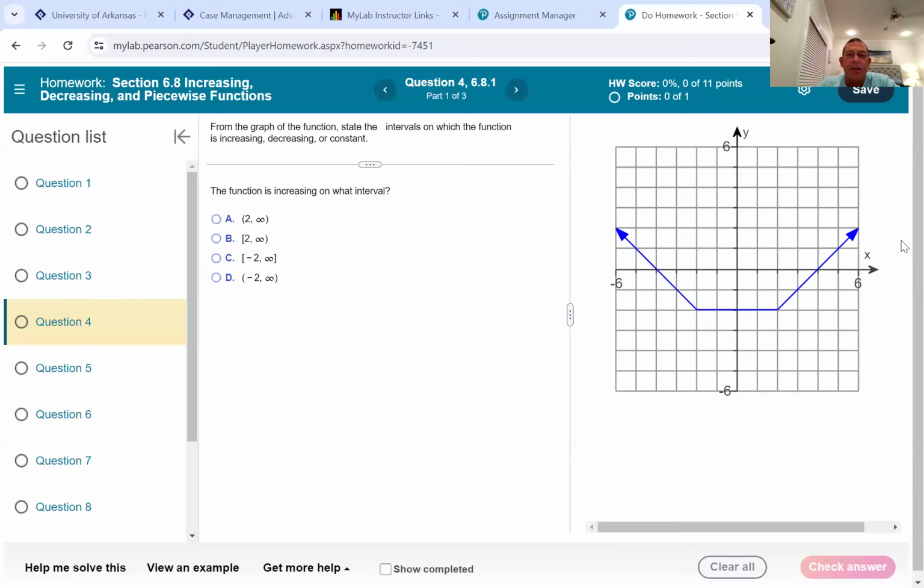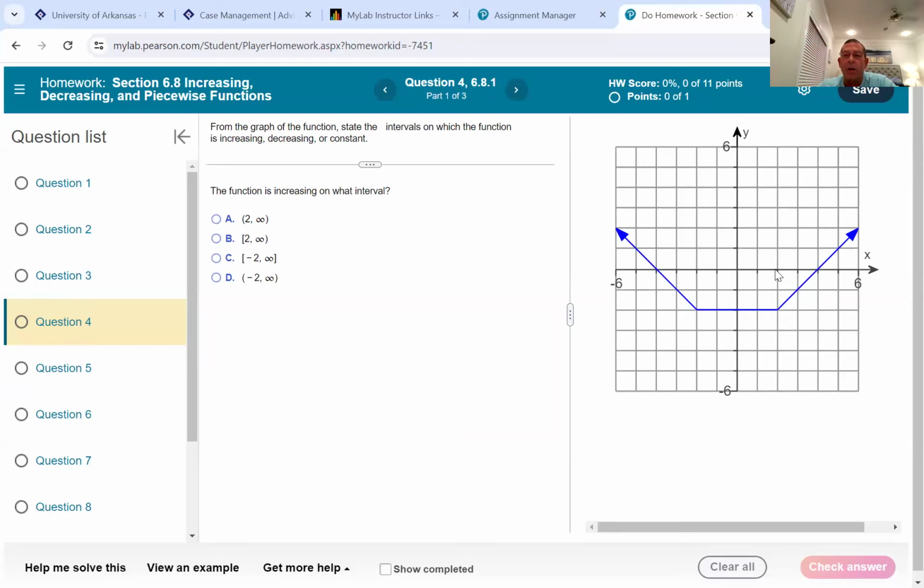A, B, C, or D, where is this increasing? And remember, when you're looking at increasing and decreasing in constant intervals, we only care about the x values. So I'm going to pull my cursor over here to where that starts going uphill on the right side. And if I go straight up, it looks like I'm hitting 2 on the x-axis. So it's going to start going uphill at 2.